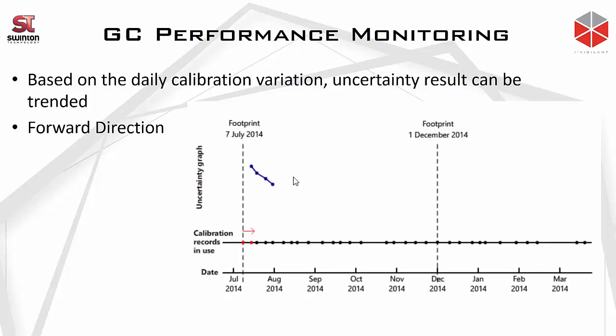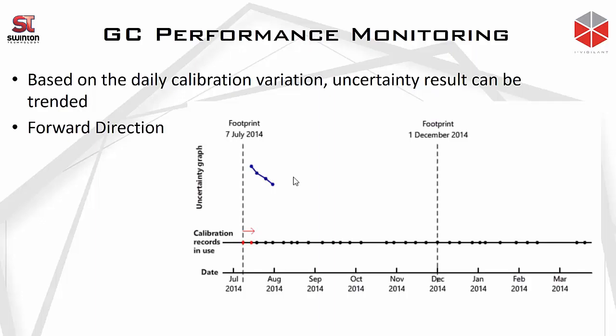Because we have 365 days' worth of good data, 1 day of bad value can be seen as an outlier, so it doesn't impact the overall uncertainty calculation by too much. So the reaction of the uncertainty calculation result in the forward direction may not be as fast.